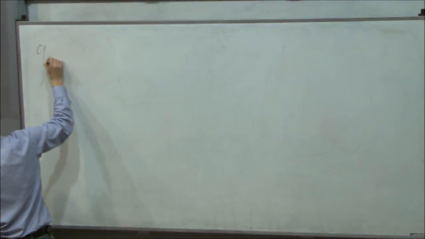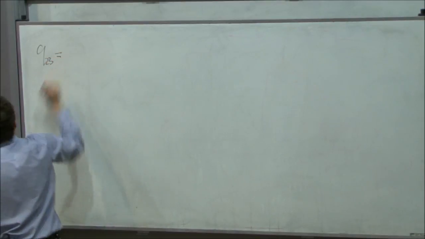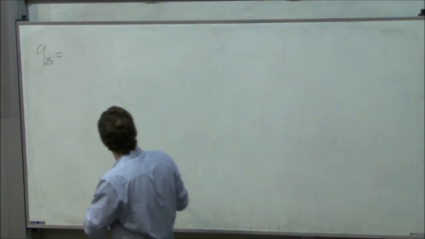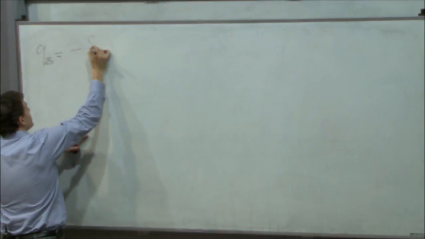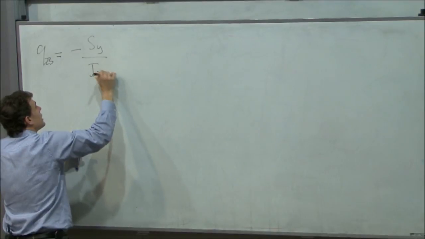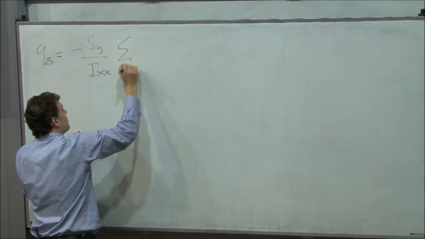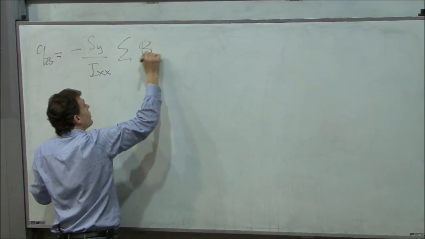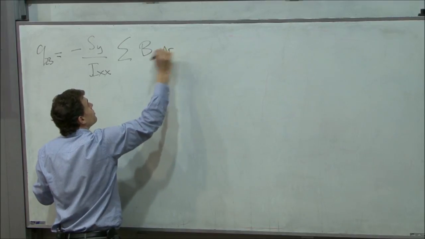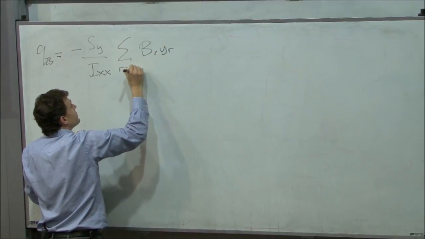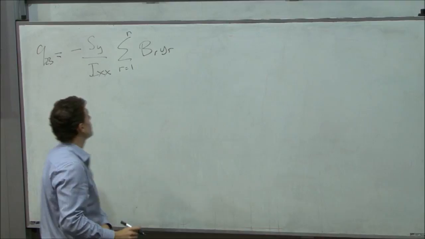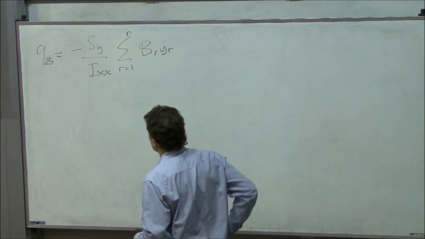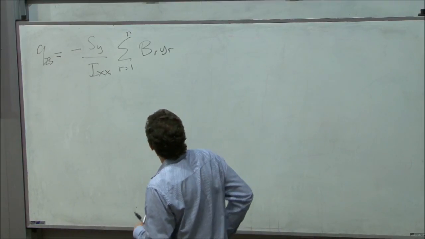So Q23 equals minus SY on IXX, sum of BR, YR, where R is varying from 1 to N, where N is the number of booms we cross over.